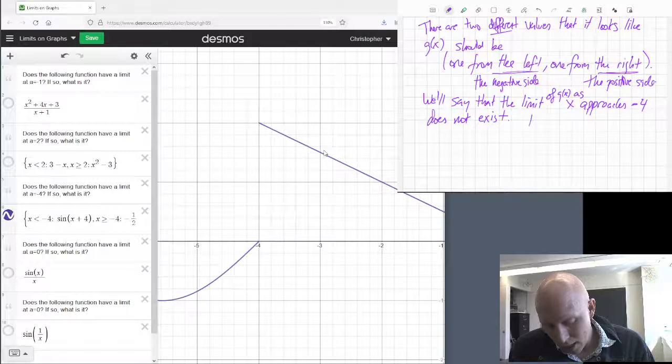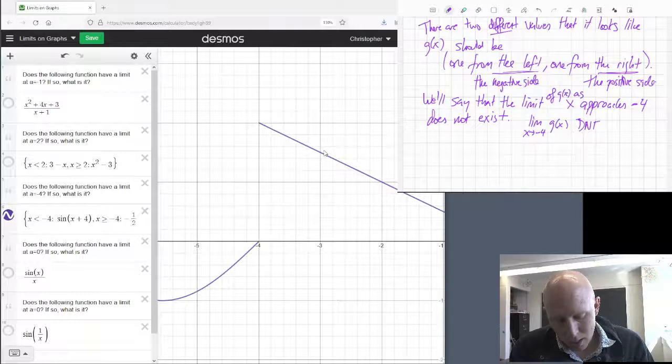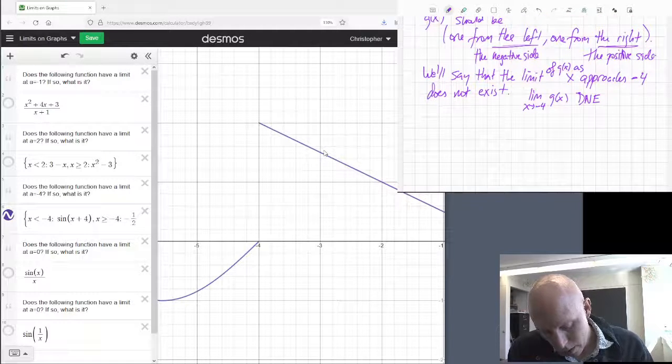And we'll write the limit as x goes to negative 4 of g of x DNE. You may see DNE in places, meaning does not exist. You can also write out does not exist, also a good thing to do.